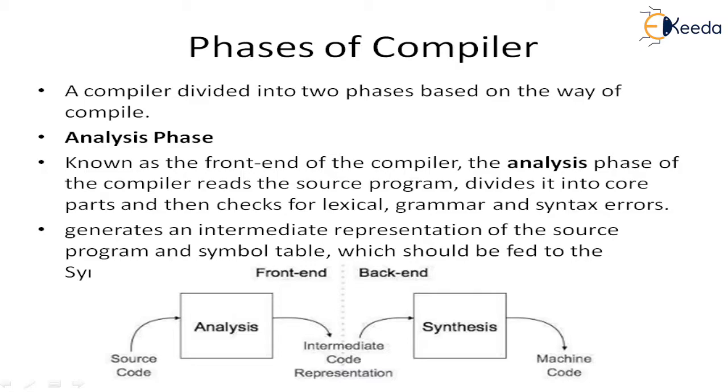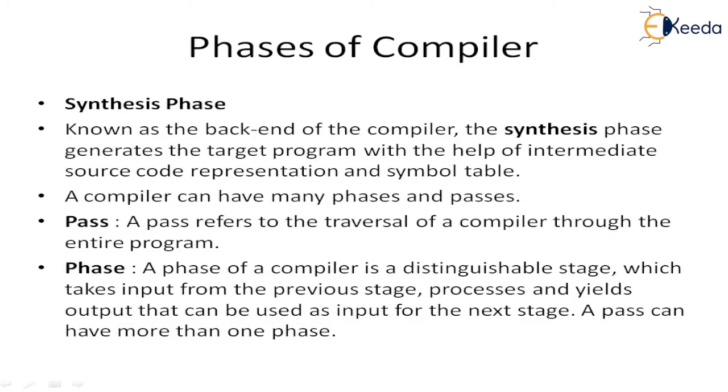The analysis phase works on the front end, whereas the synthesis phase works on the back end. The analysis phase converts the source code into an intermediate code representation, whereas at the back end the synthesis phase takes the intermediate code representation as input and generates the machine code.